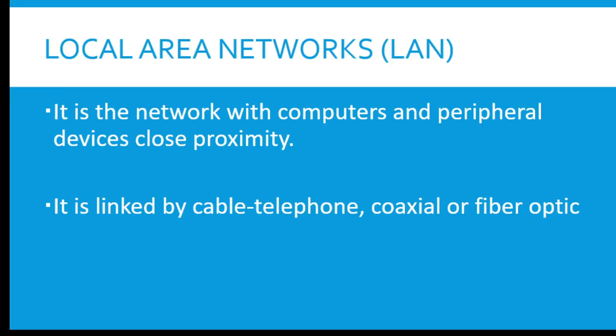It is a network with computers and its peripheral devices in close proximity. So we can connect one computer with other computers and use it. The connection will be done by telephone cable, coaxial or fiber optic, such that we can transmit the data from one computer to another.